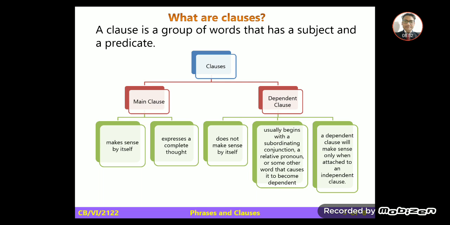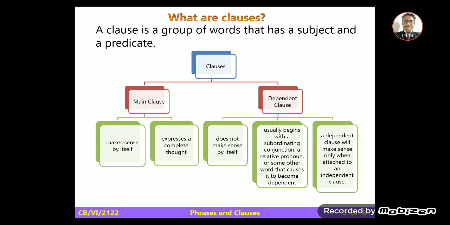It means it conveys a complete, sensible message. So we can make meaningful sentences using clauses.